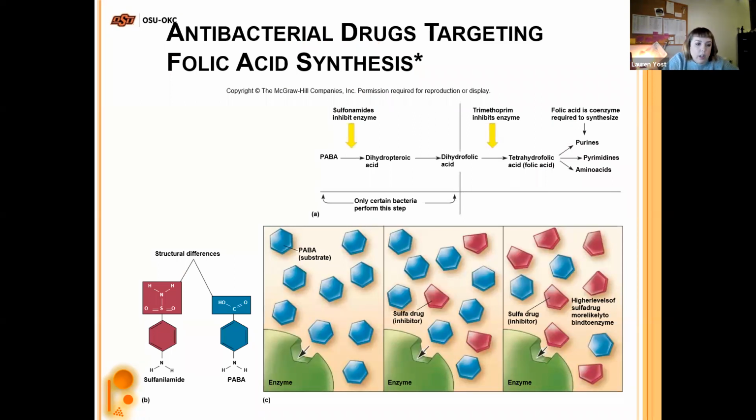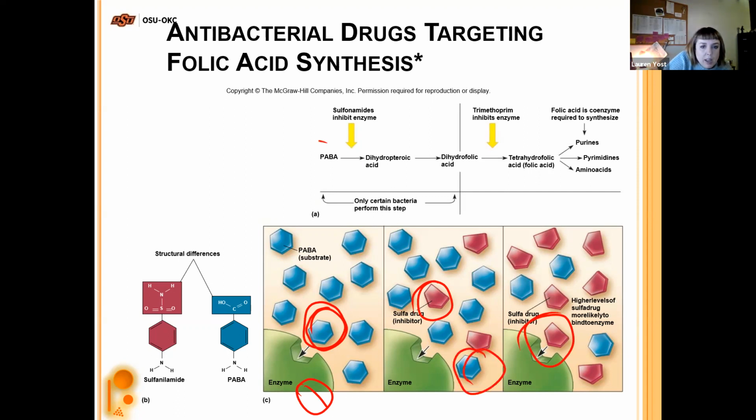So how does it work? Whenever bacteria are making folic acid, which is an important precursor to a lot of things, they have their enzyme and their normal substrate. This is the normal function here in square number 1. The sulfa comes in, the red one, and blocks. If there's enough of it, it'll block out and force out that intermediate.